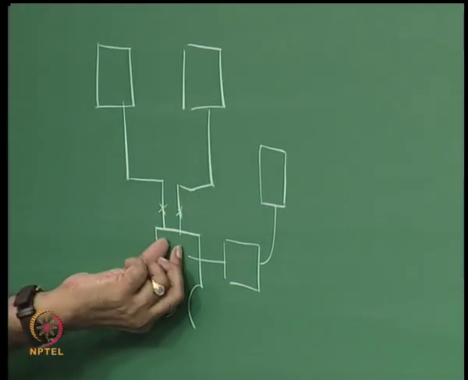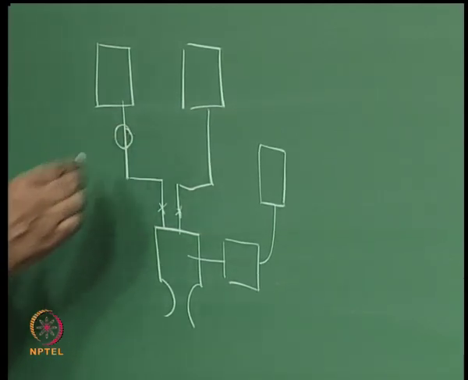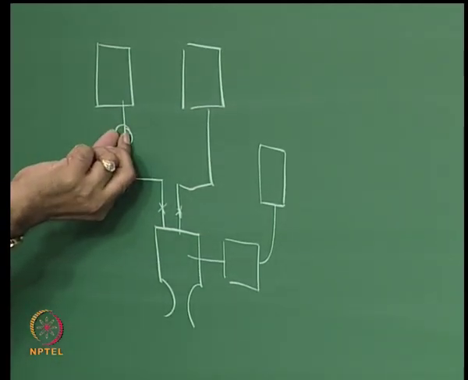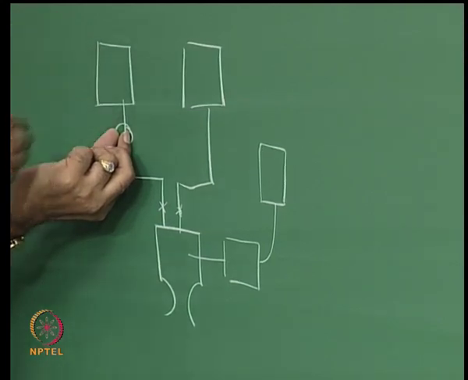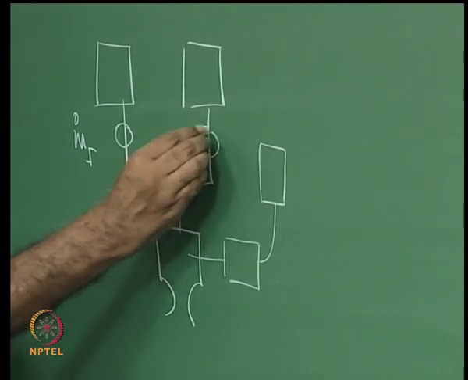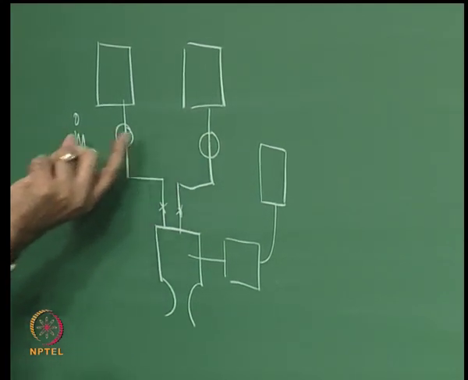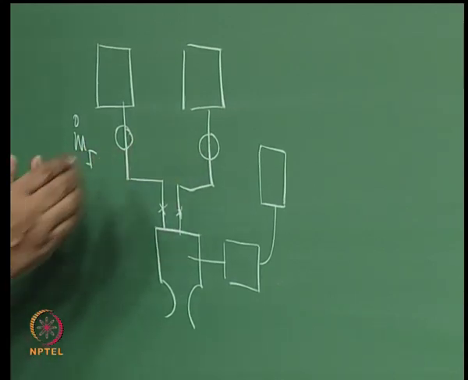Supposing I want to control the mixture ratio, maybe I monitor through a mass flow meter the mass of fuel which is flowing in, like let us say m dot f, which it measures. I can measure the m dot o, I can instantaneously record the value of m dot f by m dot o through a particular circuit.